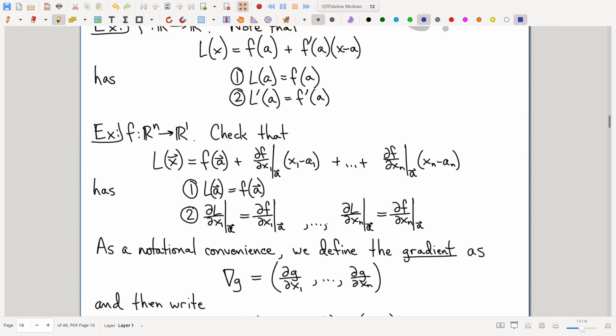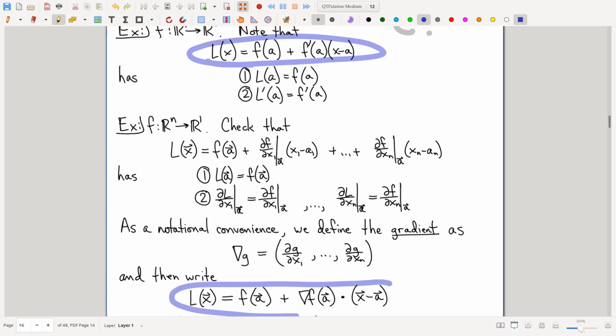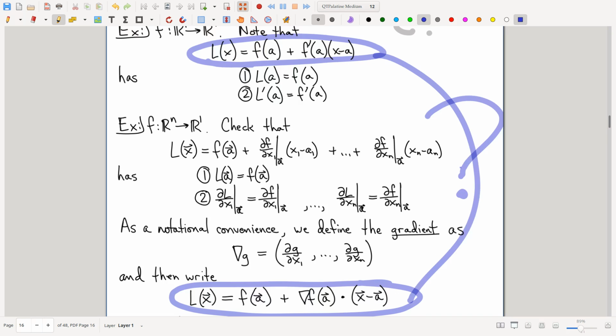Now, real quick, I want to point out, if you look at our single variable formula, and now you look at our real valued multivariable formula, and you compare these two formulas, golly, they look a lot alike, don't they? F of a, f of a. Something times x minus a, something dot x minus a.